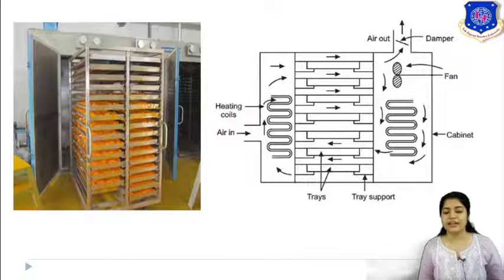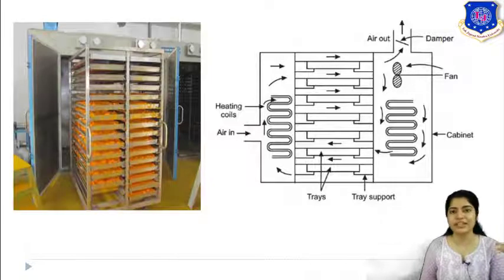Now this air, which has water vapor in it, is passed out through your outlet. The damper is an enclosure; if you change the position of the damper, you can recirculate your air. A lesser amount of air escapes, and because of the fan that air is transferred back. This way recirculation occurs. So this is the working of your tray dryer.